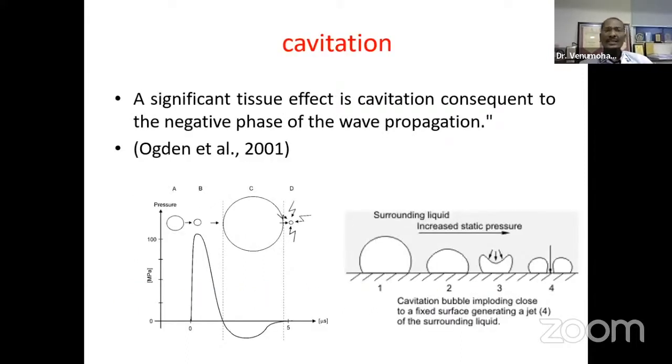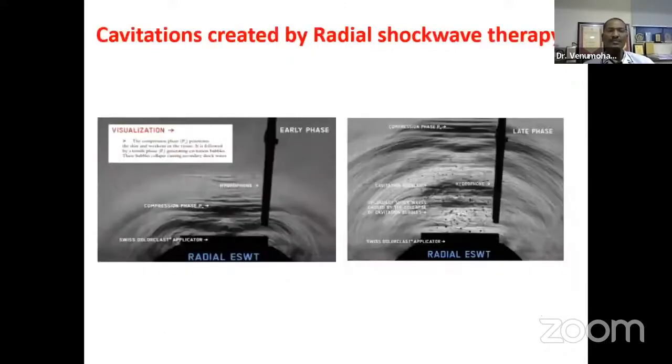A significant tissue effect is cavitation, which is a consequence of the negative phase of the wave. During the positive waves, very little cavitation is formed, and in the negative phase these grow and can lead to implosion, which will release a lot of energy. This image shows the cavitation created by the radial shock wave, which we use in physiotherapy.